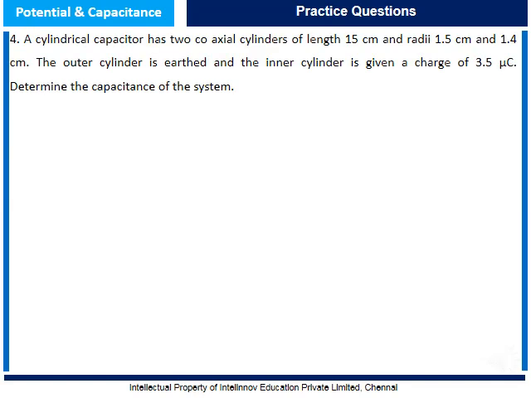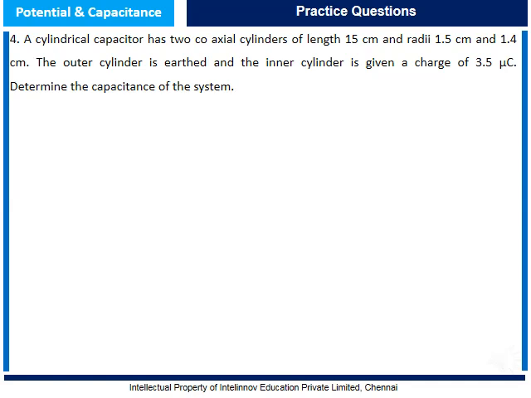Question number 4. A cylindrical capacitor has two coaxial cylinders of length 15 cm and radius 1.5 cm and 1.4 cm respectively. The outer cylinder is earthed and the inner cylinder is given a charge of 3.5 microcoulomb. Determine the capacitance of the system.